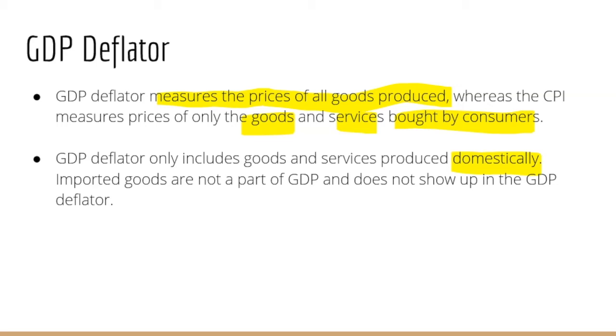So imported goods are not part of GDP and do not show up in our GDP deflator. Yet again, the key difference is the CPI only measures the prices of some goods within its market basket, while the GDP deflator measures the price of goods and services for everything within the country.